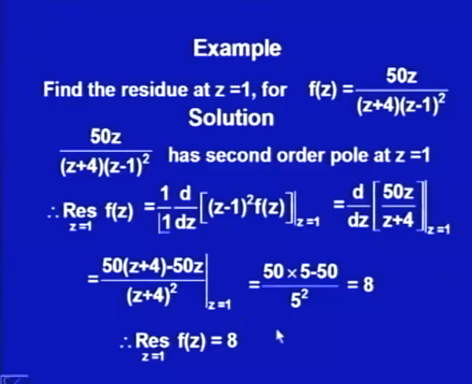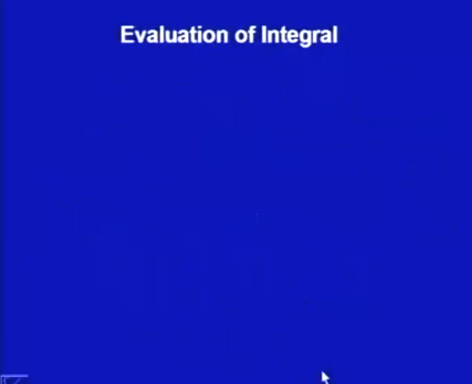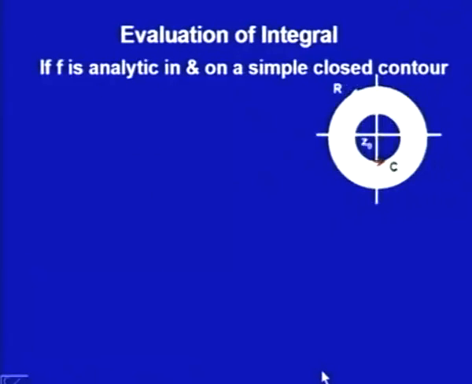Now, we have learned that we can find the residues using these simple formulations, and we are using these residues for evaluation of integrals. What evaluation of integrals have we done till now? If f is analytic in and on a simple closed contour, we know that the integral of f(z) dz should be 0.